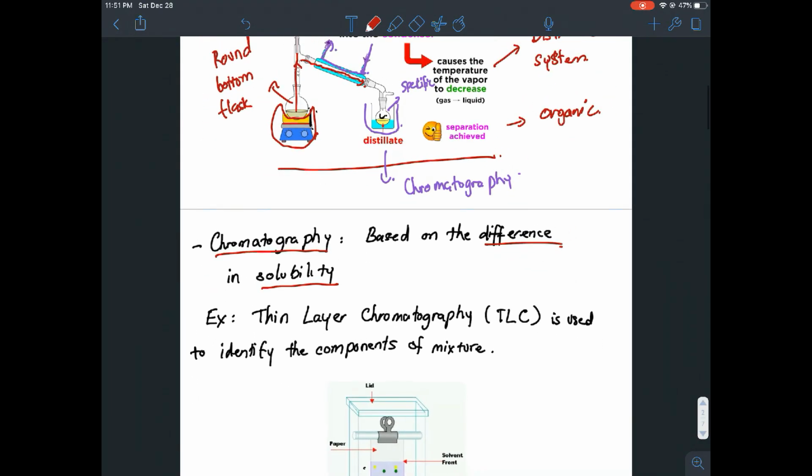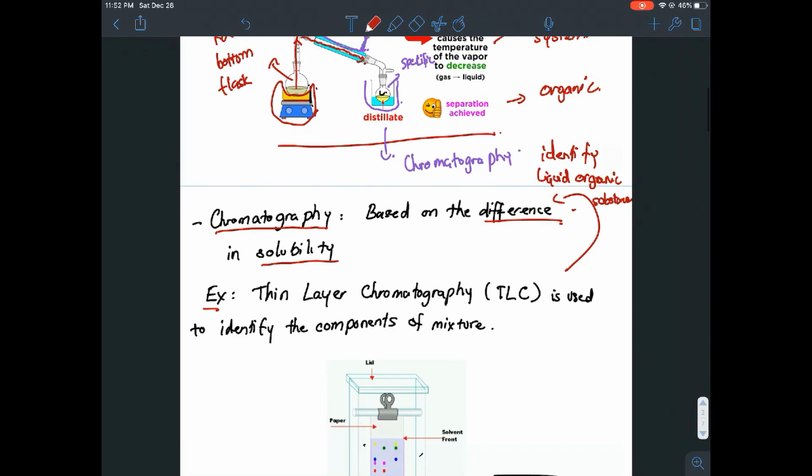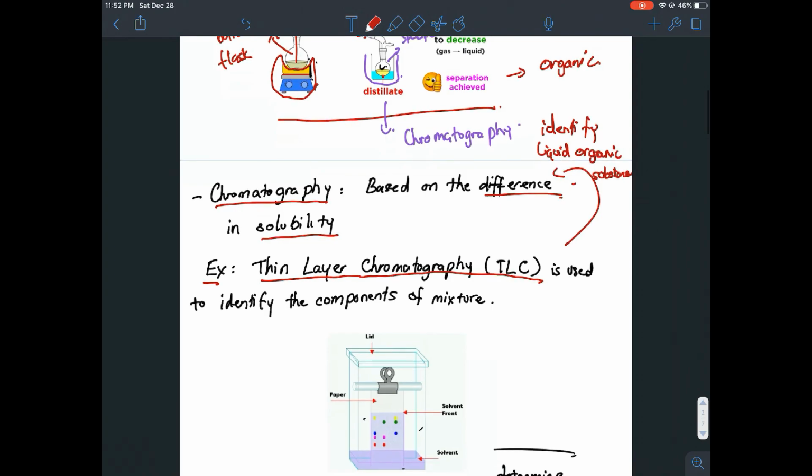It is very common in organic chemistry as well, used to identify the substances, the liquid organic substances. Okay, that is thin layer chromatography, with the abbreviation TLC.